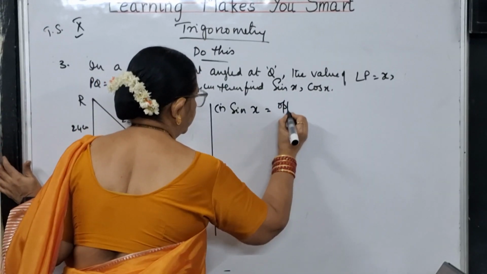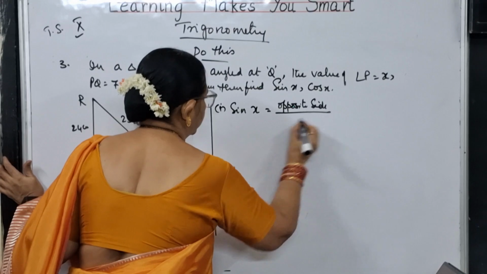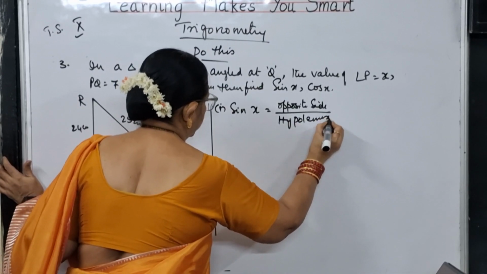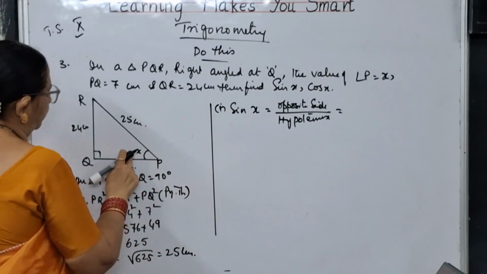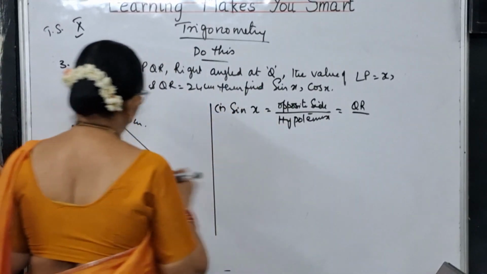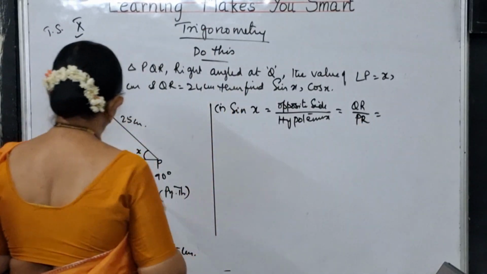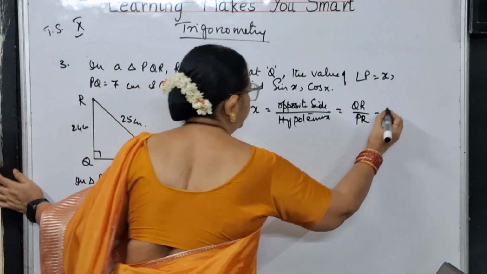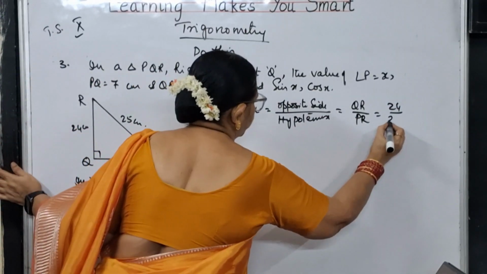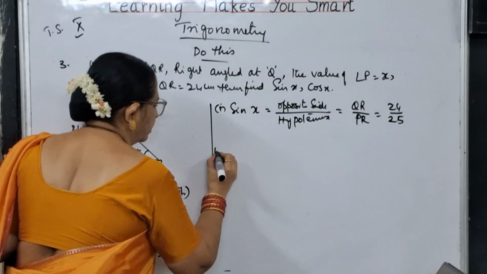Opposite side by hypotenuse. So what is opposite side for this? QR by what is hypotenuse? PR. So what is QR measure? 24 centimeters. By what is PR measure? 25. So 24 by 25 is the answer of sin X.